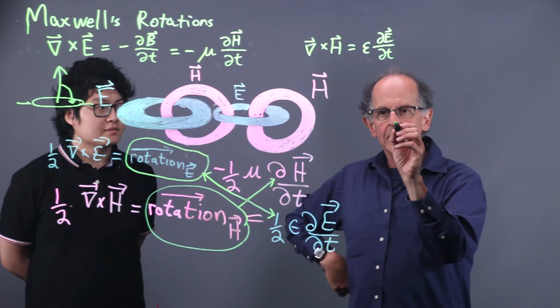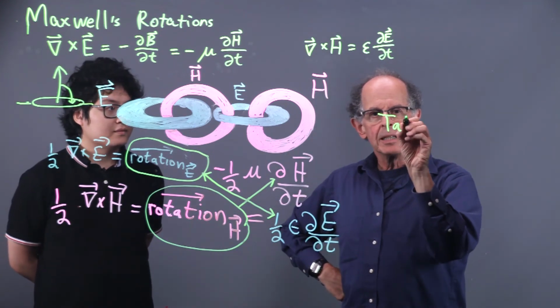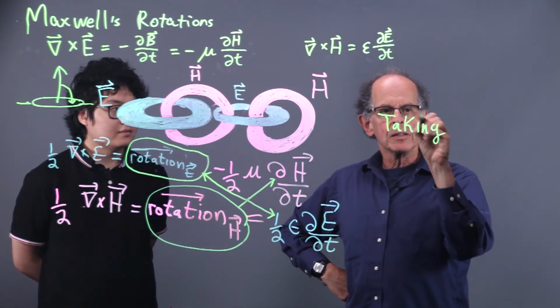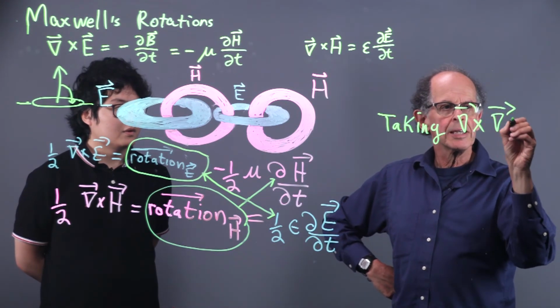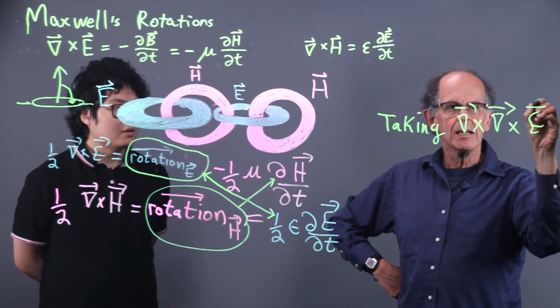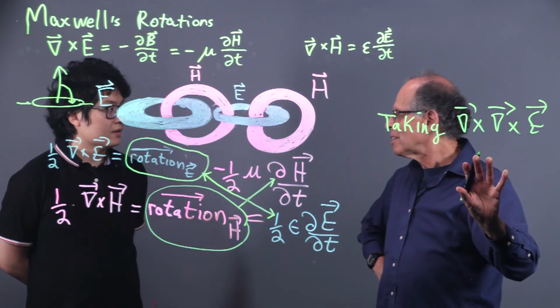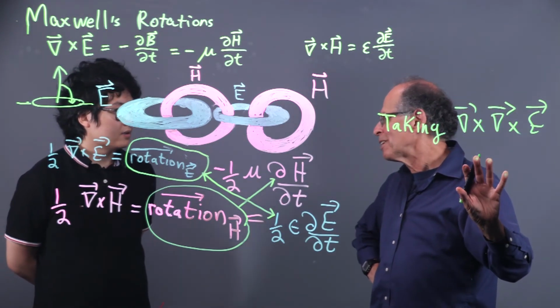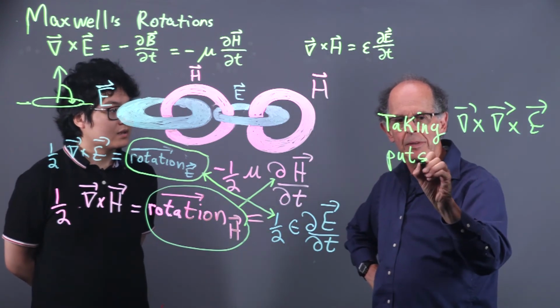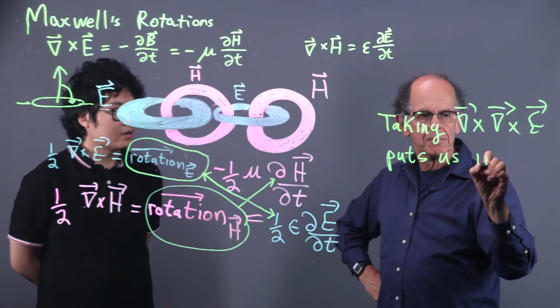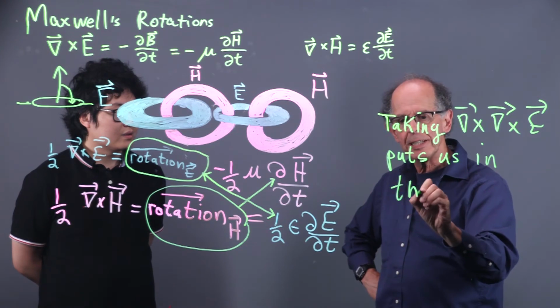So, in summary, taking curl of E puts us back in the E, if you like, the E plane, the E rotation plane.